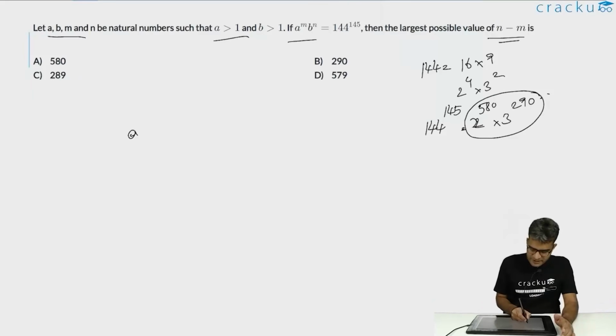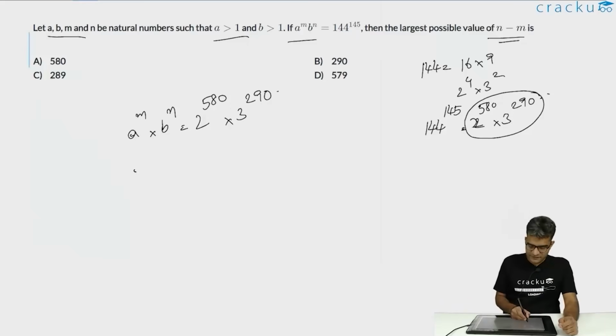So a to the power m into b to the power n is equal to 2 to the power 580 into 3 to the power 290. We are asked to maximize the value of n minus m. So we want the maximum value of n and we want the minimum value of m. What is the maximum value of n?